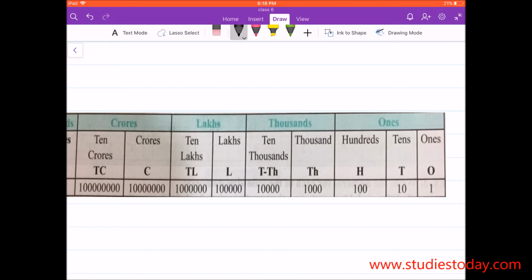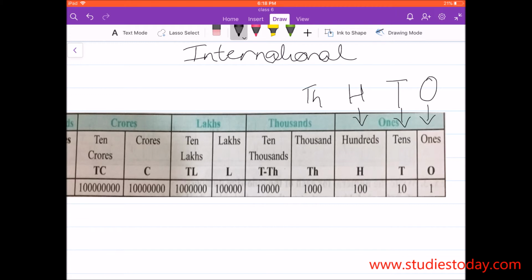So in the international system, I have ones, tens, same as this, then hundreds, same as this. Then I have thousand. I am writing the international system of numeration, which I am comparing with the Indian system of numeration.